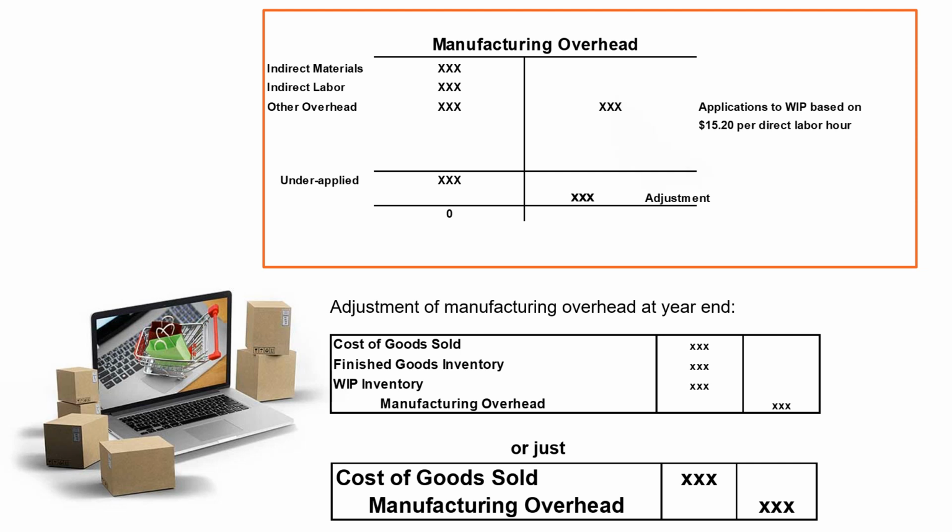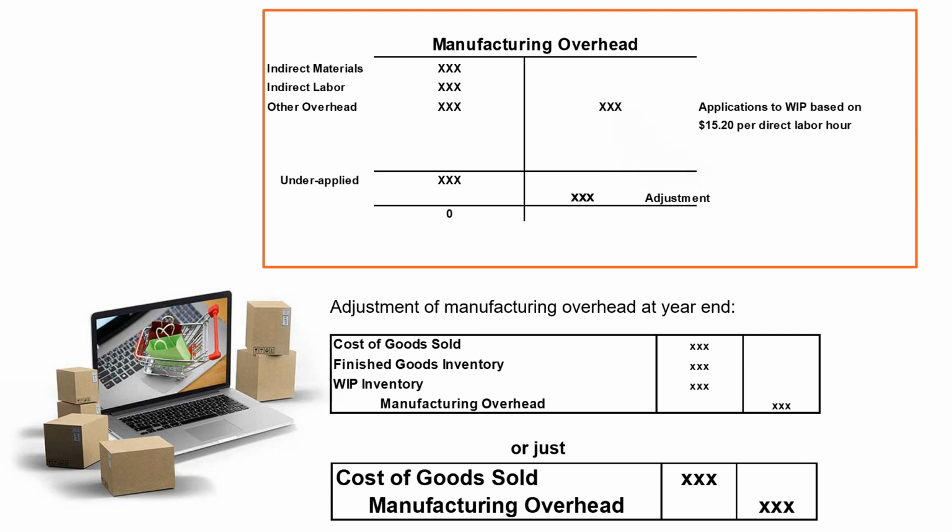We were putting all of the actual costs here into manufacturing overhead as debits to this holding account until we figured out how to take those costs out of there and apply them to work in process on a job-by-job basis.